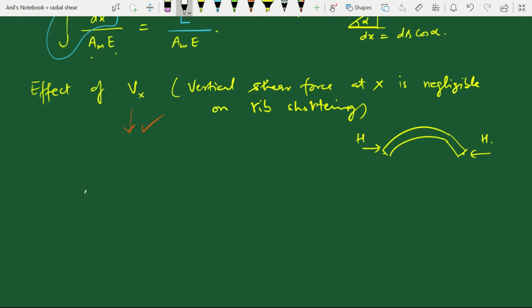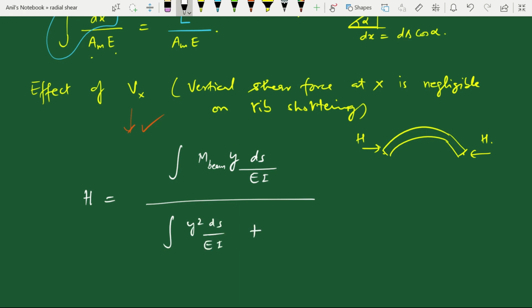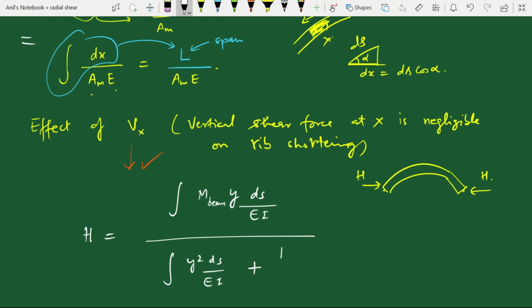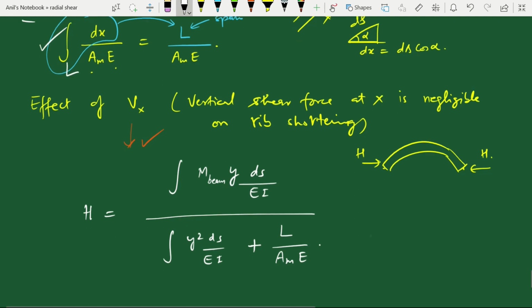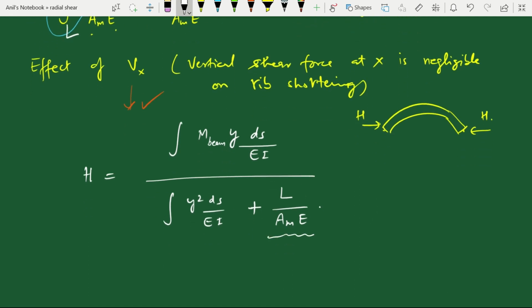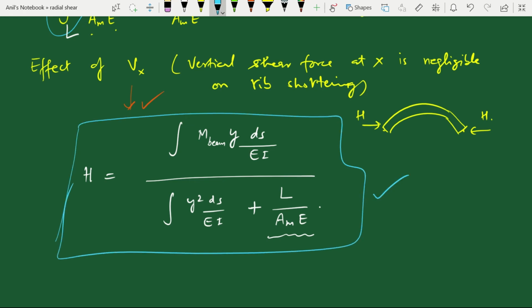So neglecting this effect, the value of horizontal thrust becomes integration of M b y ds upon EI divided by integration of y square ds upon EI plus L upon AM. This has been integrated already over the length, so we do not have the integration of the last term. So this is the formula which gives us horizontal thrust after rib shortening is taken into account.